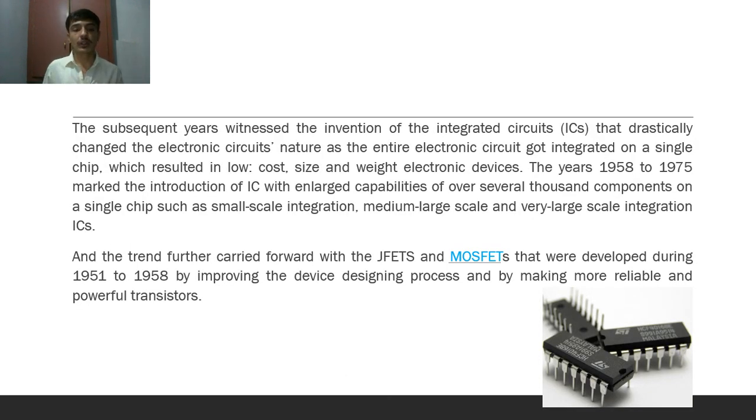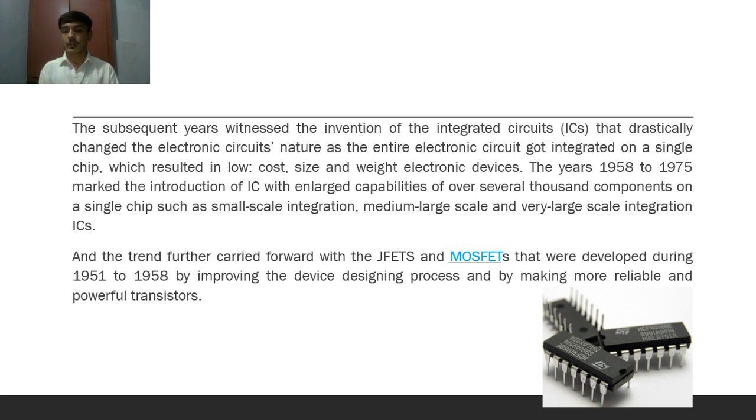The subsequent years witnessed the invention of integrated circuits, ICs, that drastically changed the nature of electronic circuits as the entire electronic circuit got integrated on a single chip, which resulted in low cost, size and weight electronic devices.